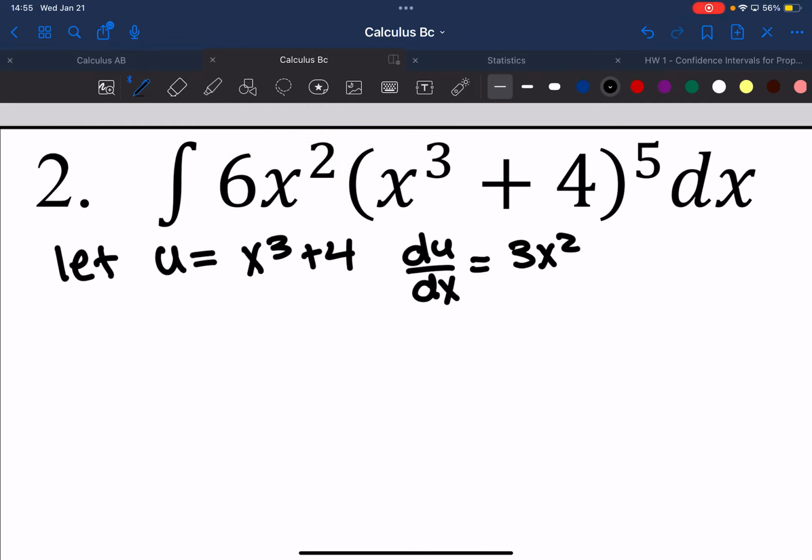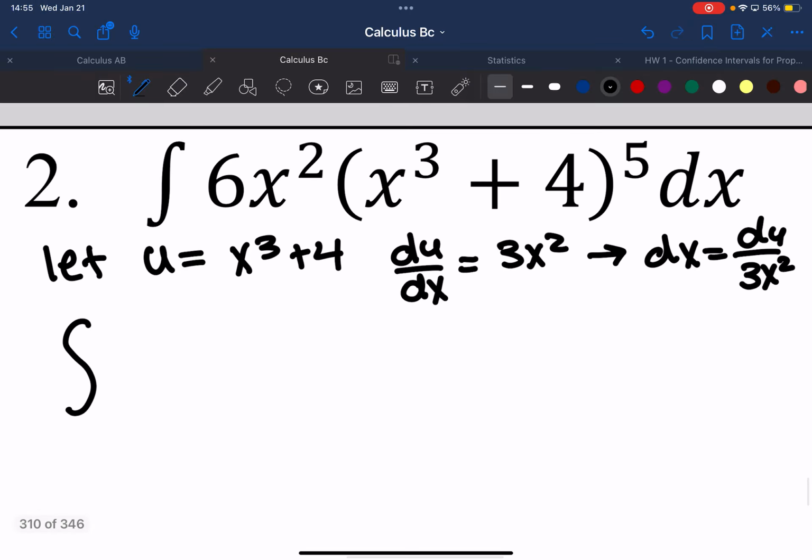Okay, you'll see in just a moment. So first I need to isolate dx. And when I do that, I get dx is equal to du over 3x squared. So if I plug everything back into my integral, I have 6x squared u to the 5th du over 3x squared.